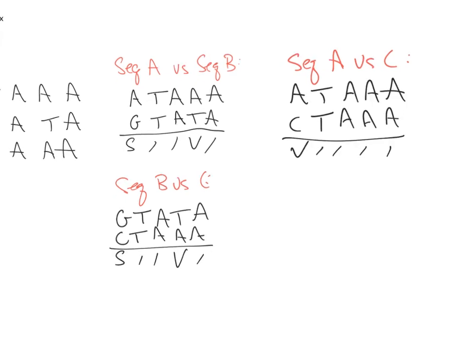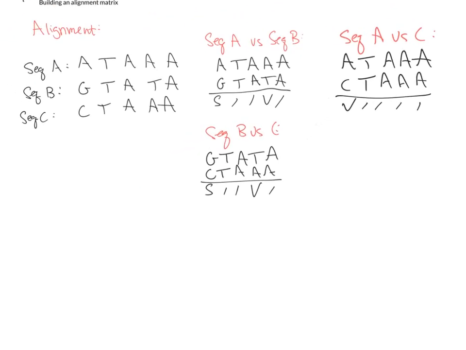I'm going to leave this up here, and we're going to use it as we talk about how to make an alignment matrix, which is what we're going to do right now. The easiest way to make a matrix is going to be a Hamming distance. We learned about Hamming distance.